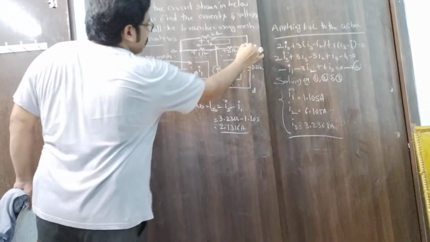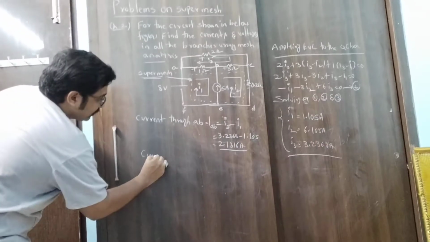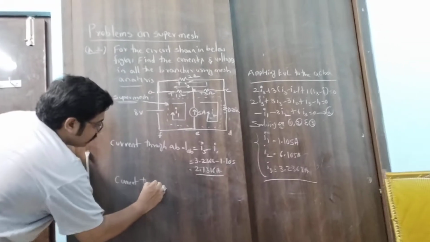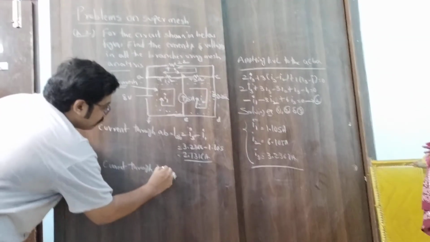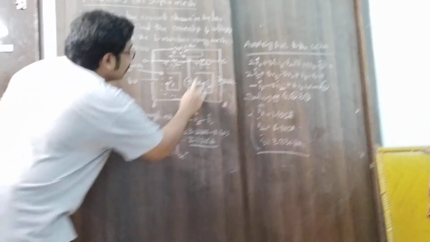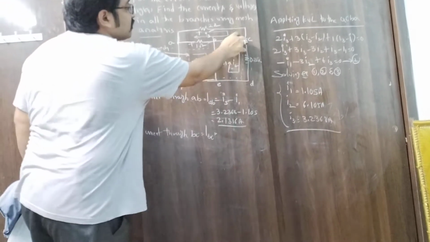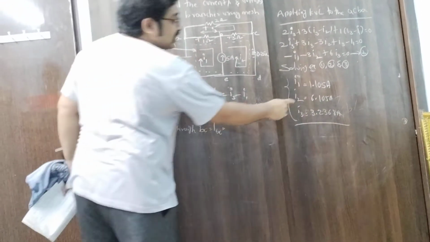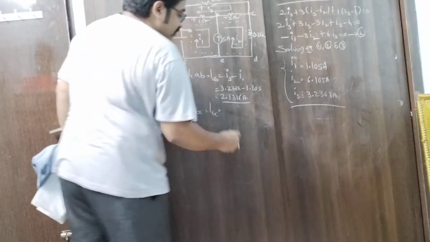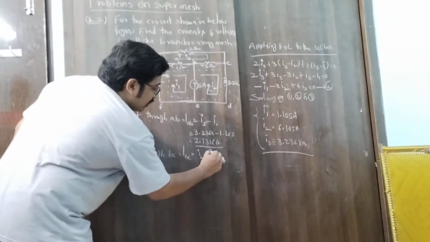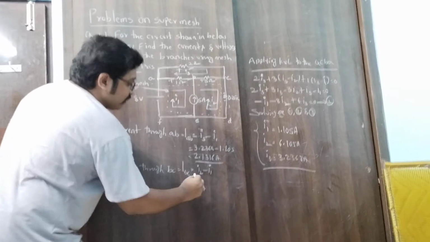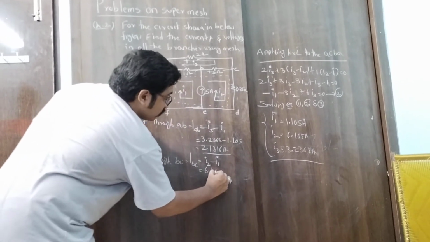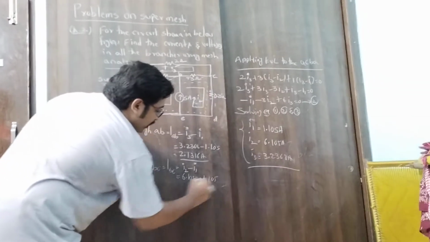Next, what we need to do? Current through the branch BC. You can write it as IBC. So again you have 2 currents flowing, I3 and I2. Which is higher? I2 is higher. So because of that reason, you take I2 minus I3. So I2 is 6.105 minus I3 is 3.2368.